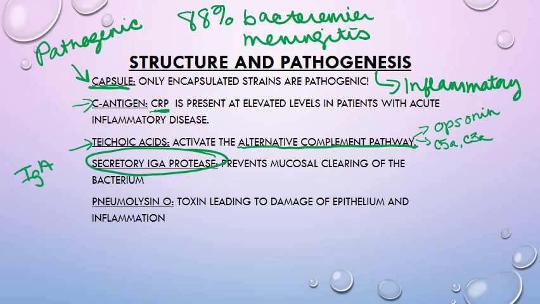This organism actually has something pretty neat, a secretory IgA protease. So I already mentioned that this organism colonizes the oropharynx and can occasionally move into the sinus cavities. So that means it's hanging out in the mucosa. The immunoglobulin that is most responsible for protecting our mucosal sites is IgA. So what IgA normally does is it grabs onto a bacterium and then traps that bacterium in the mucus, and then the cilia kind of bat the bacteria out of the way.